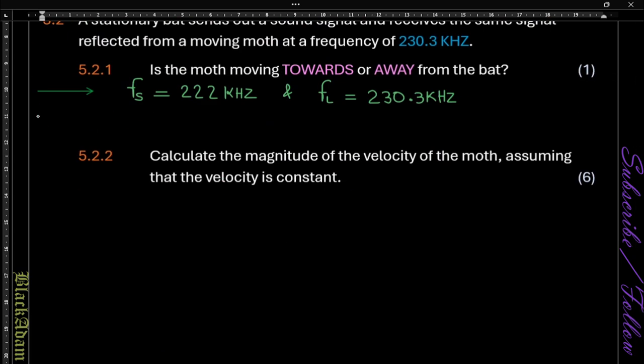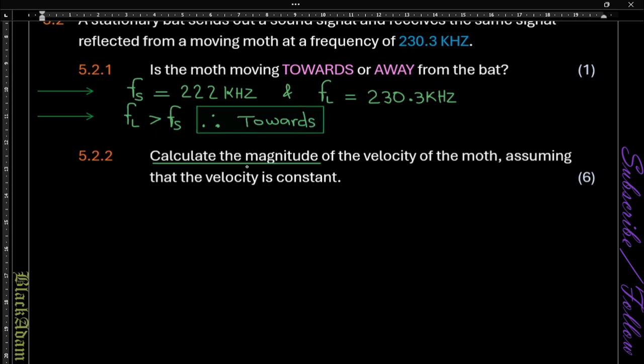I assume nothing interferes, so the speed has to be the same. So the frequency of the listener is greater than the frequency of the source. That means the moth is coming towards the bird. As it comes towards, the sound pitch increases. That's why it's towards.